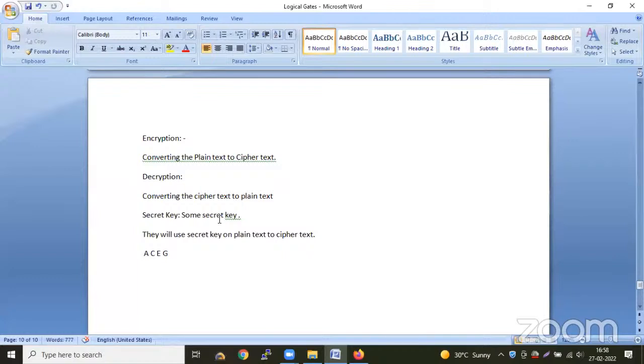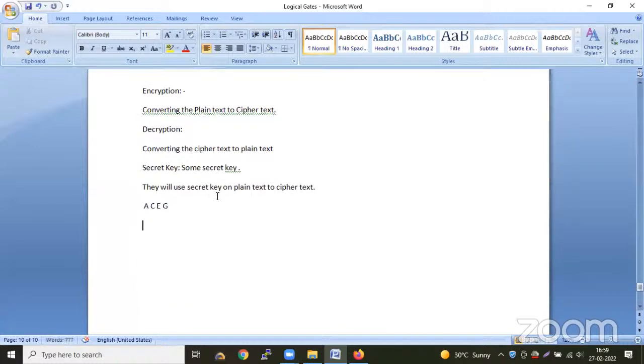Understand? Secret key. So this is the plain text, and they will produce the ciphertext with the help of the secret key. For example, my plain text is A, C, E, G. Just imagine that this is my password.